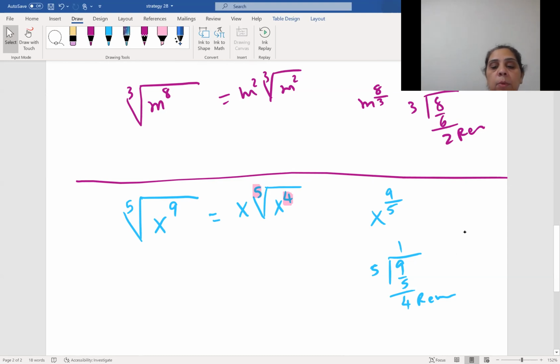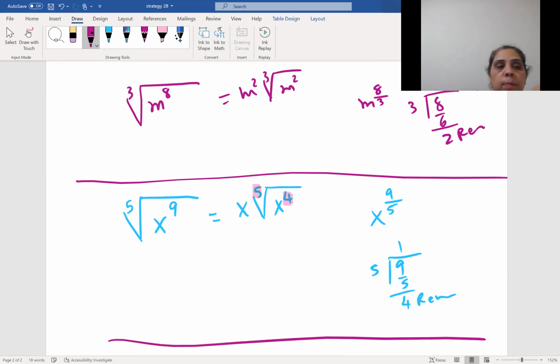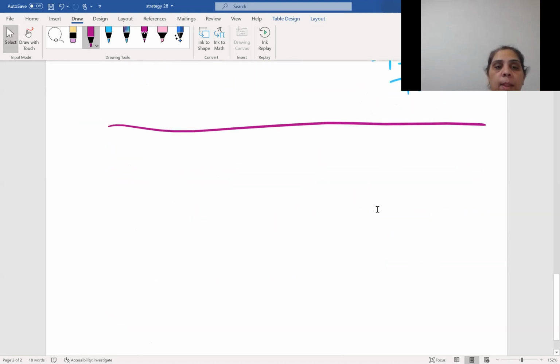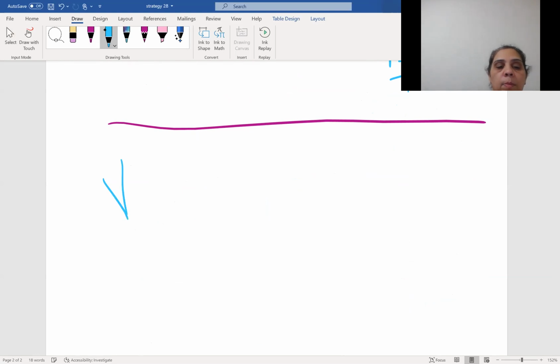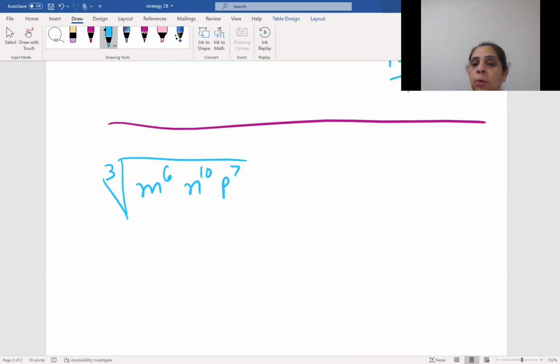Let me give you one more here. We have m to the 6th power, n to the 10th power, and p to the 7th power. And let's say we have 3 here, so we are looking for cube root. See, you can see right away 6 divided by 3 is what? 2, right? So m squared goes out.